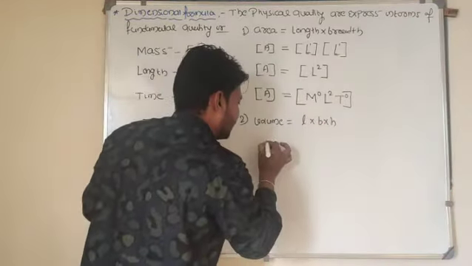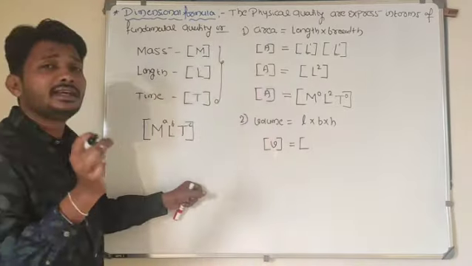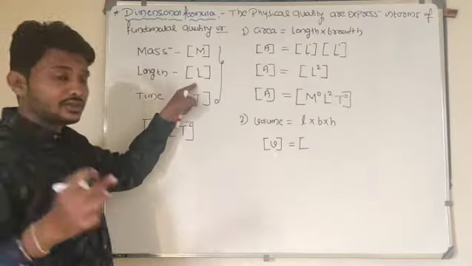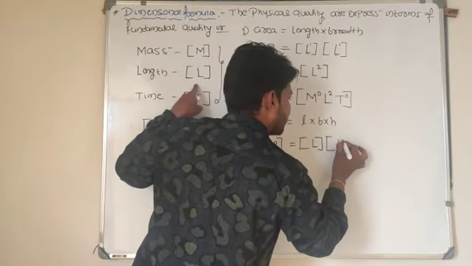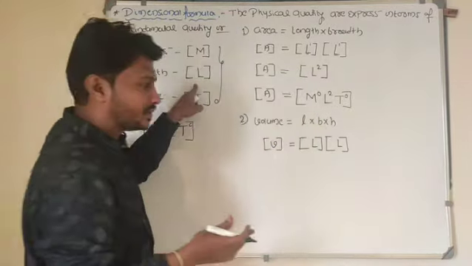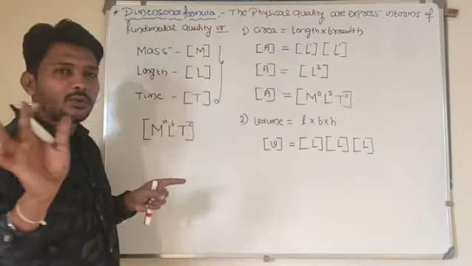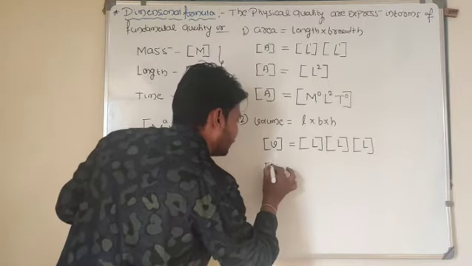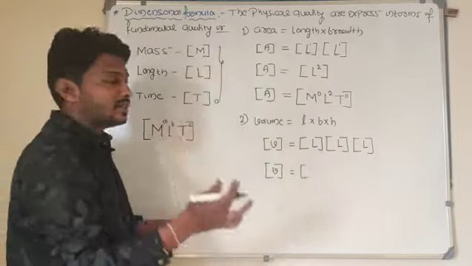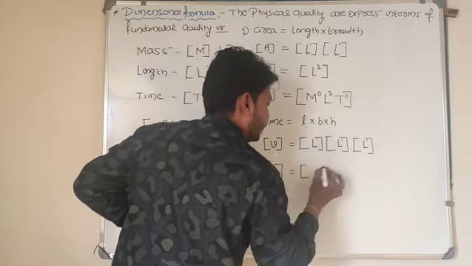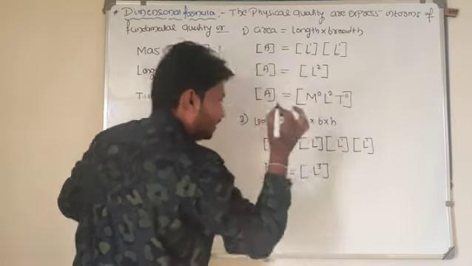In order to write the dimensional formula for volume, the symbolic representation of length is the capital letter L, breadth is also a distance so that is also L, and height is also L. So what is the dimensional formula for volume? Bases are the same, powers are added: L to the power of 1 plus L to the power of 1 plus L to the power of 1. I will take L to the power of 3.